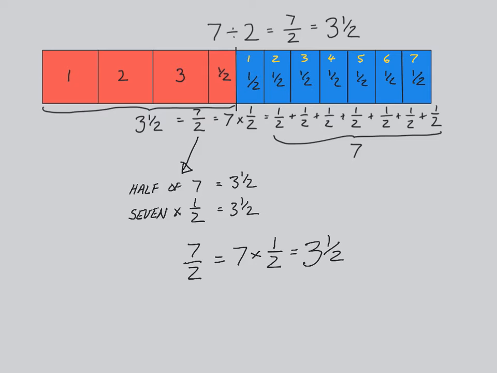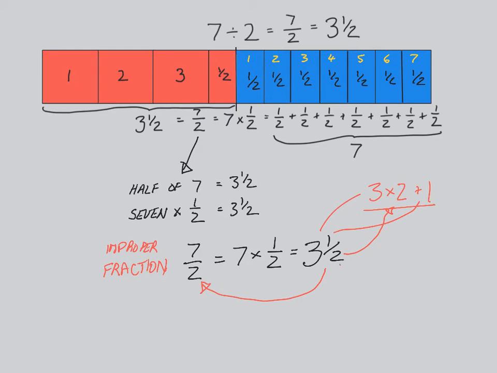Very often in schools, people will say that the way you convert 3.5 into what's called an improper fraction, because the top is bigger than the bottom, is you take the whole number, you multiply it by the number on the bottom, 2, and you add the number on the top.